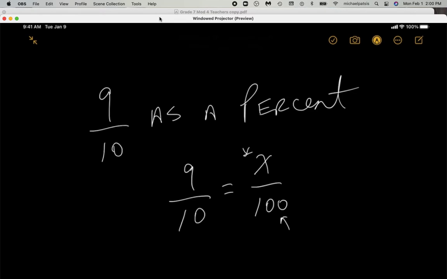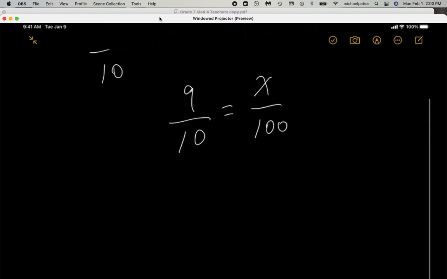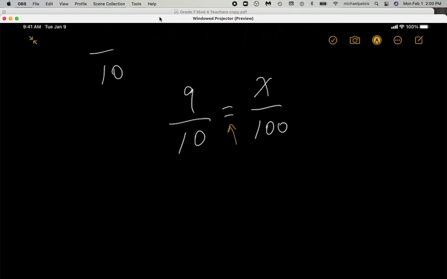Okay, so how do we solve for x in this scenario? The answer is we have two fractions facing each other with an equal sign between them. Whenever you have two fractions facing each other with an equal sign in between them, that is a license to cross multiply.